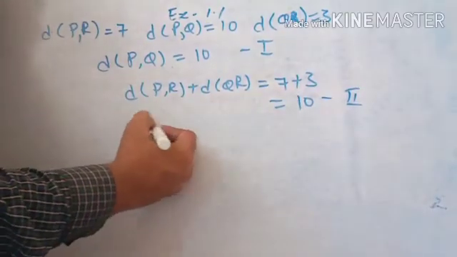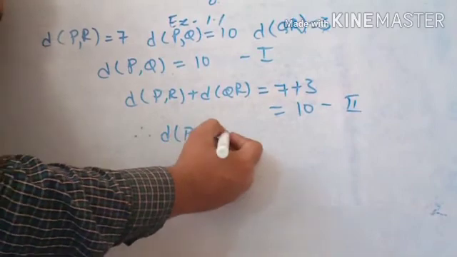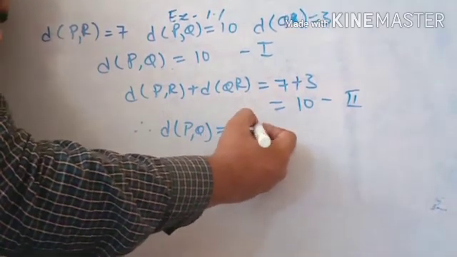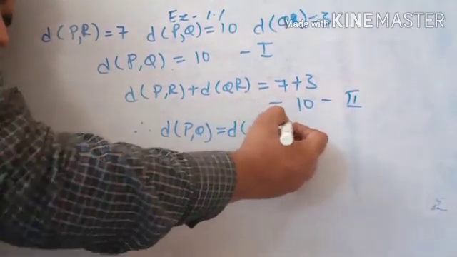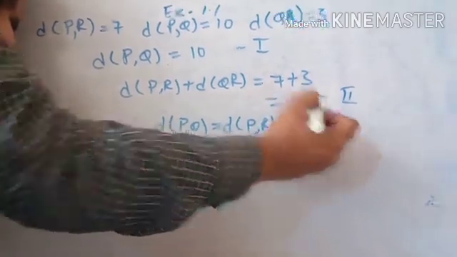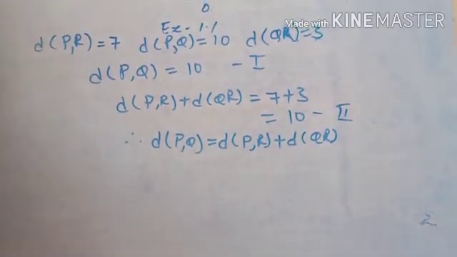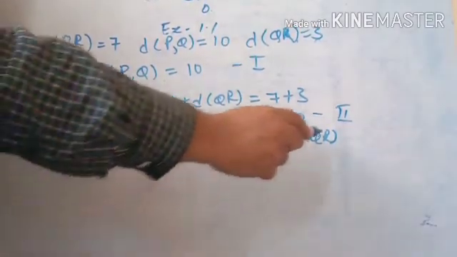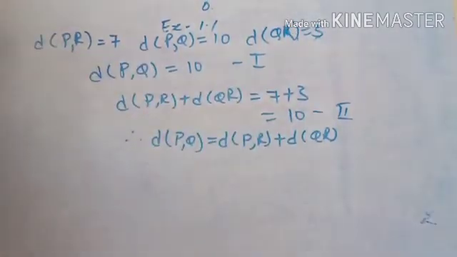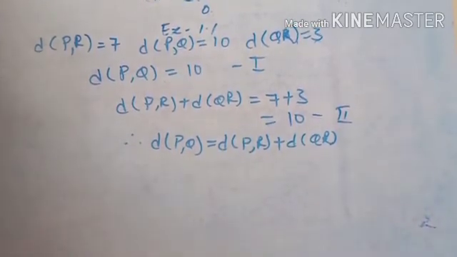Therefore, distance PQ is equal to distance PR plus distance QR. In this, we see that R is repeated. Therefore, R is in between P and Q.